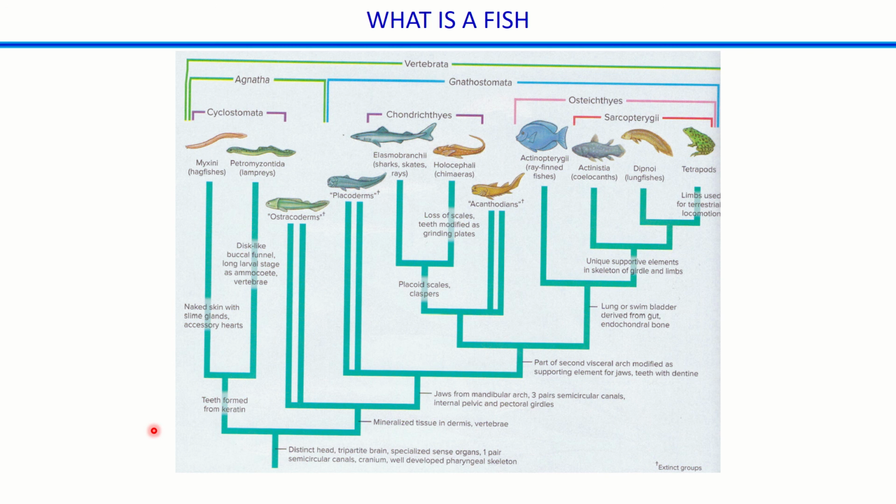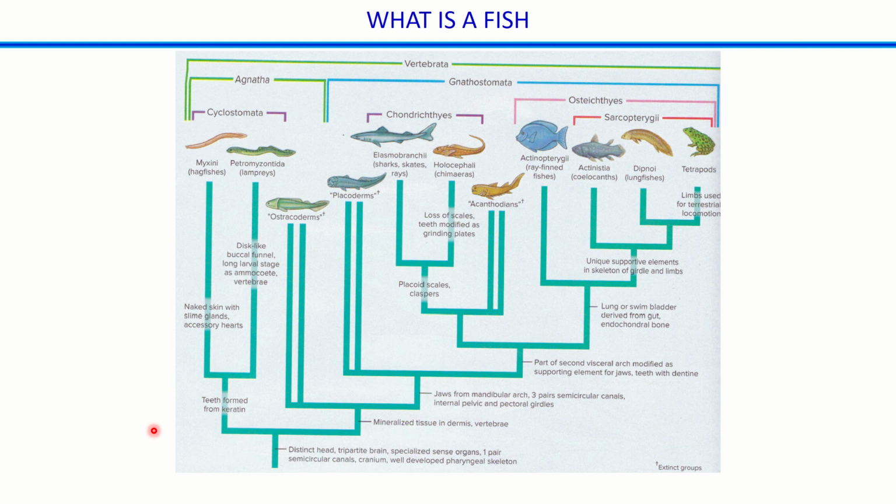Okay. And if you consider the bottom, this is more for you to understand this. Why are they ordered the way they are? Here you can look at the relationships. Distinct head, tripartite brain, specialized sense organs, one pair of semicircular canals, cranium, remember that was very important, well-developed pharyngeal skeleton. Okay, that's all of the vertebrata. All of them have that.